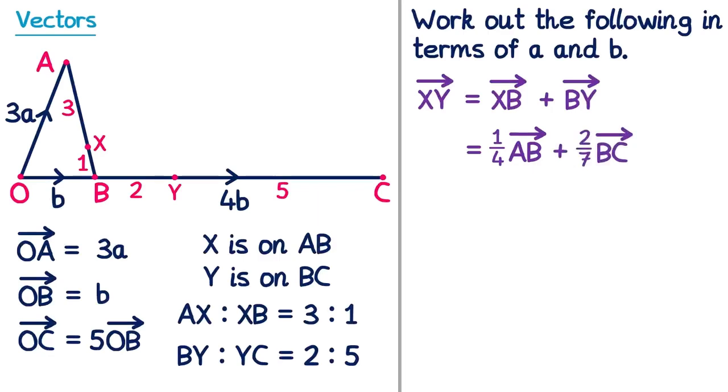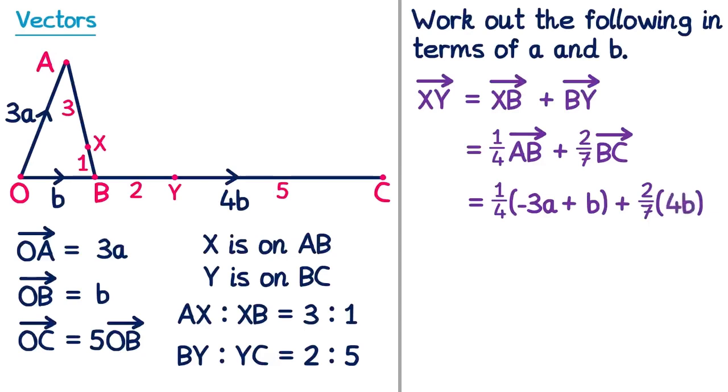Now we just need to work out the vectors AB and BC. Well, we actually did AB a moment ago, so it's 1/4 of what we did before, which is -3a plus b, plus 2/7 of the vector from B to C. Now we actually wrote the vector from B to C down right near the start of this question. It was 4b, so 2/7 of 4b.